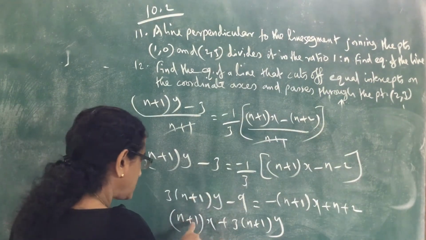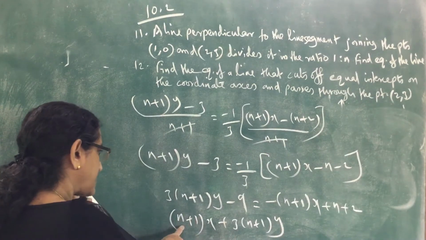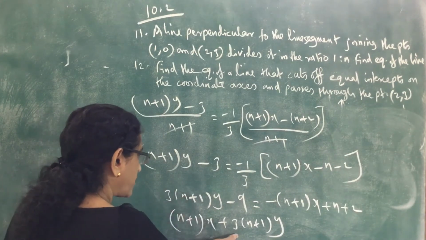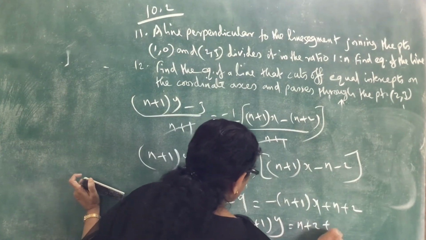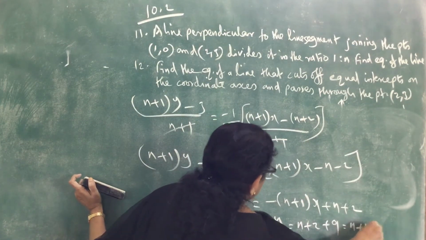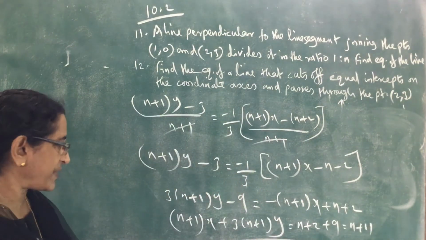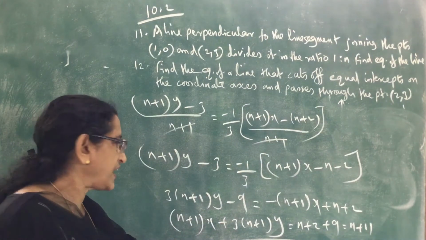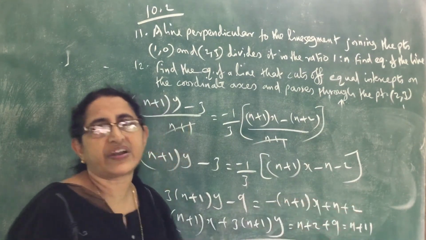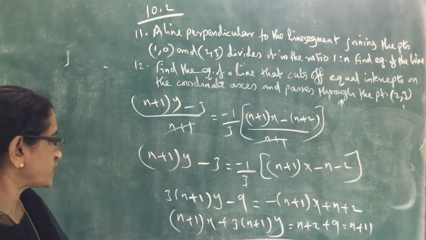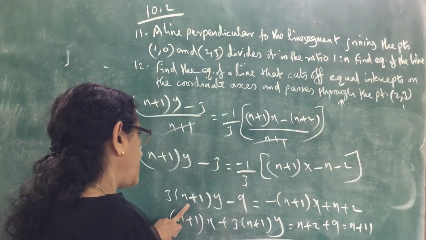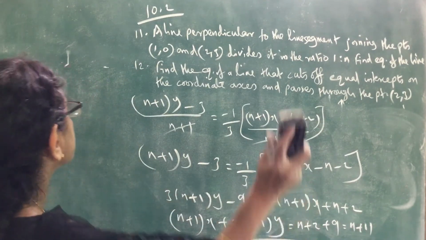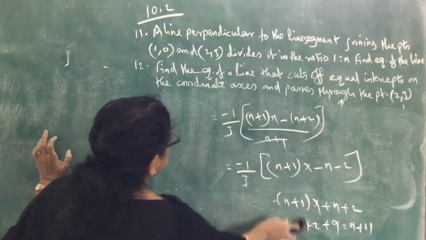Minus n we will take to the other side, so we get n plus 2 plus 9, that is n plus 11. So that is the equation of the line: n plus 1 x plus 3 into n plus 1 y equals n plus 11. That is the answer.